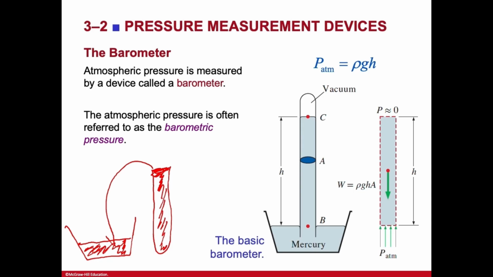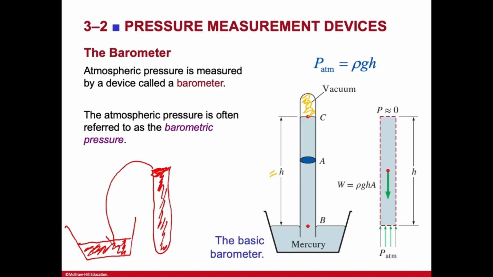Eventually you'll see the mercury level fall to a certain value and stay constant. Since the tube was initially filled with mercury, you have a vacuum inside of this, right? And if you measure the height of this mercury column, let's say it comes out to be h, right?